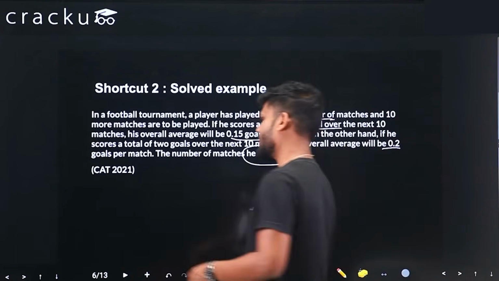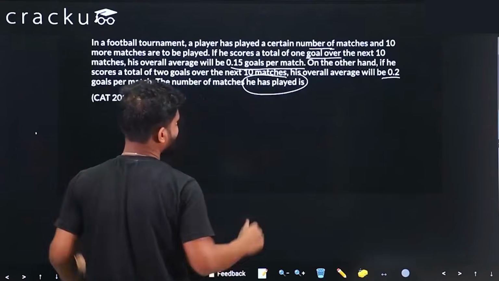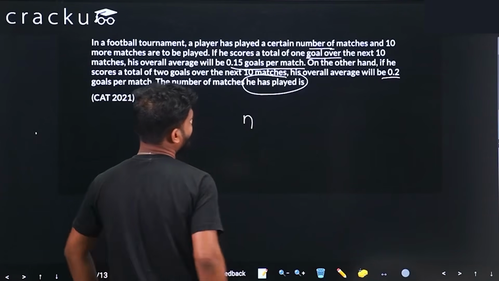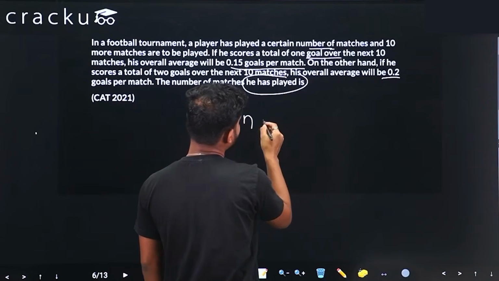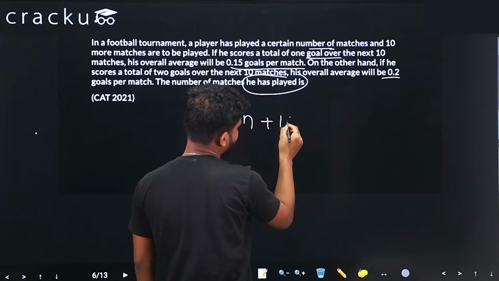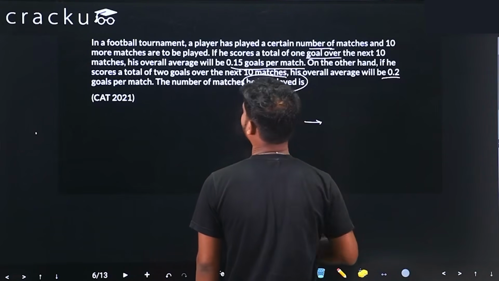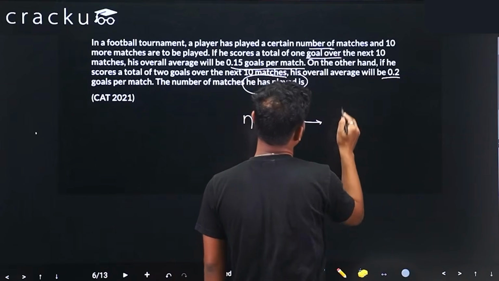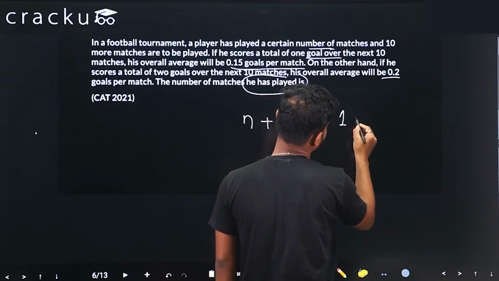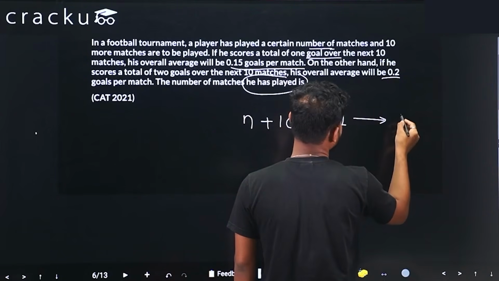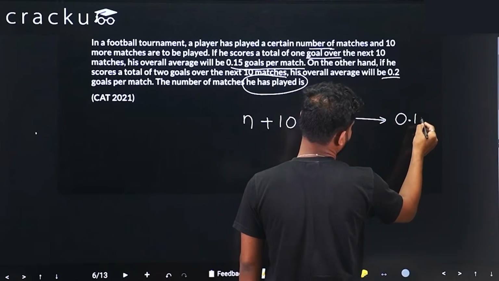So let us assume here the number of matches that he has played is n. And in the first case, he is playing 10 more matches, and what is happening? Absolute value: if he scores a total of 1 goal, his average became 0.15.